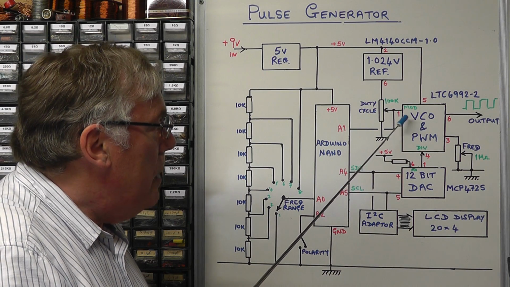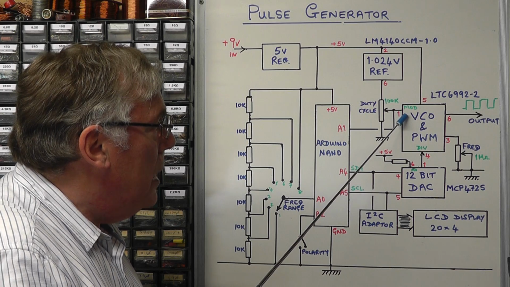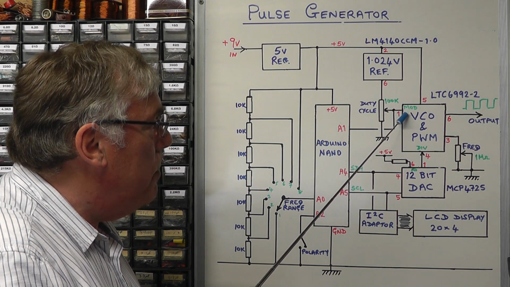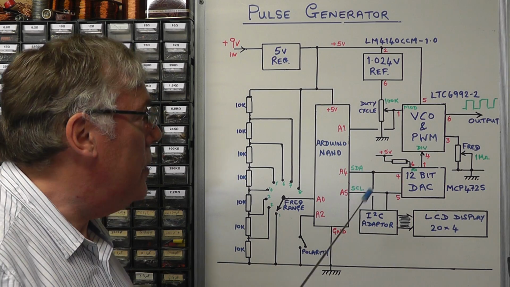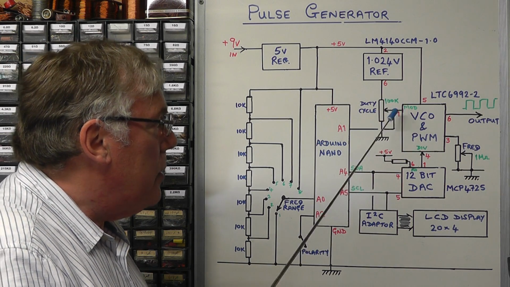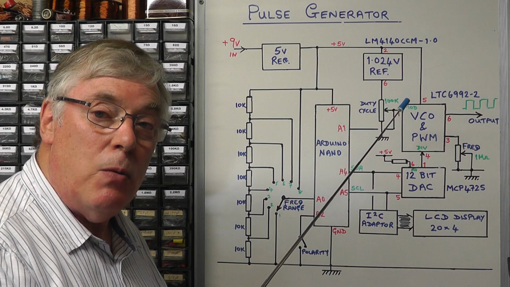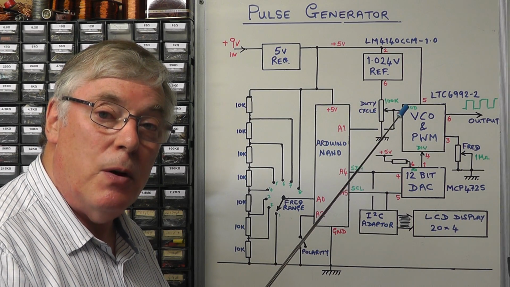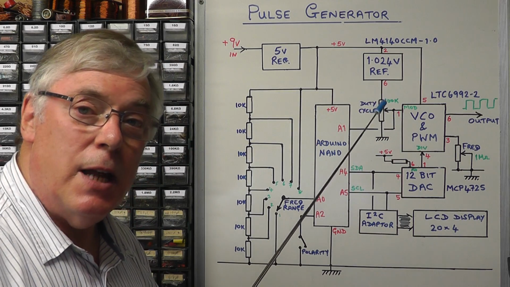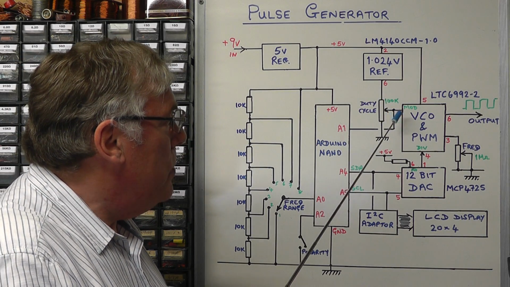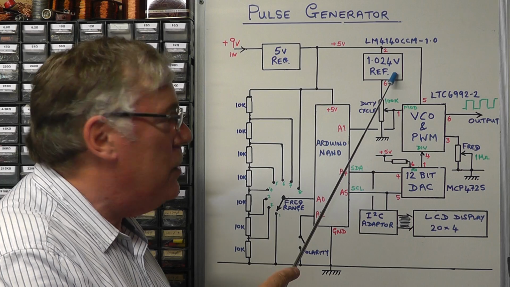Now, the other pin on the oscillator IC here is the mod pin, pin 1, and that will set the duty cycle or the pulse width. And the crucial thing here is that that requires a voltage range from 0 to around 1 volt, which needs to be quite stable. So what I've decided to do here is use a voltage reference source.